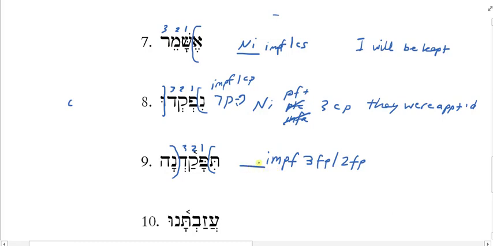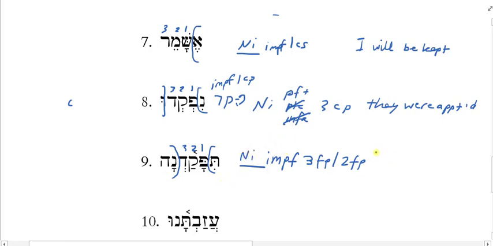Can you tell me? Is it visibly clear? The tippa is what I'm looking for, right? The Qal imperfect, 3FP and 2FP, would also have the tav, but not what? Not the doubling dot and not the kamets. It would be just a simple silent sheva: tifkodna, right? So this is clearly the Nifal, not the Qal.